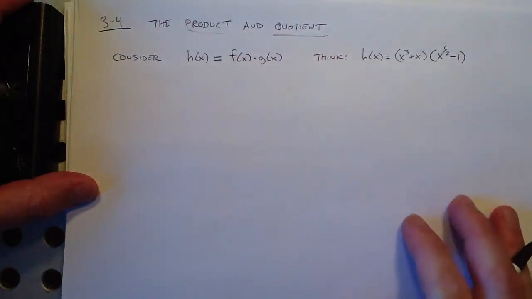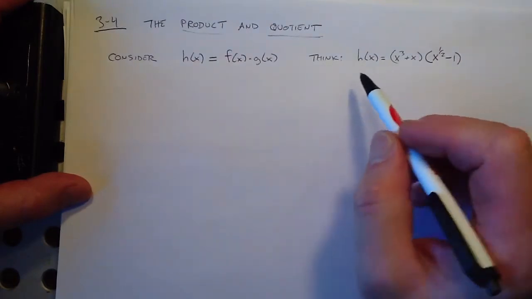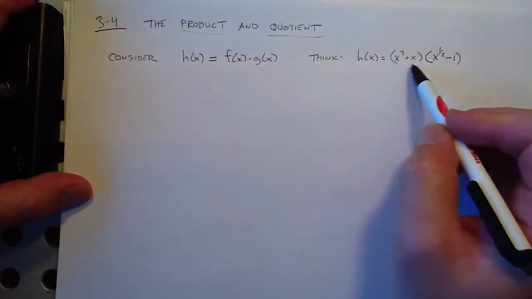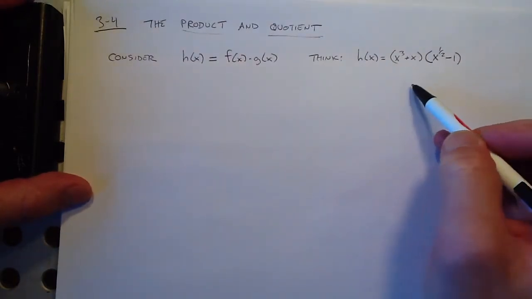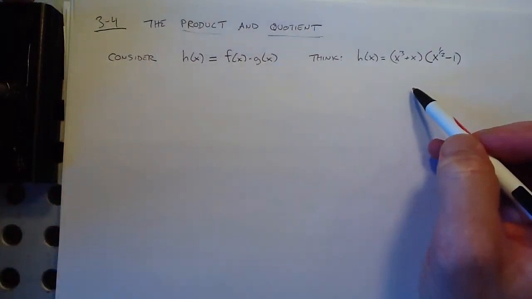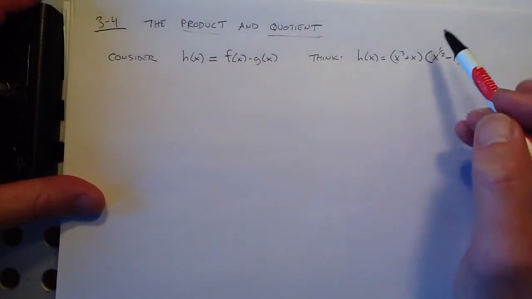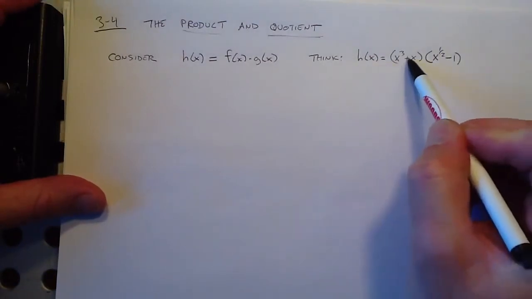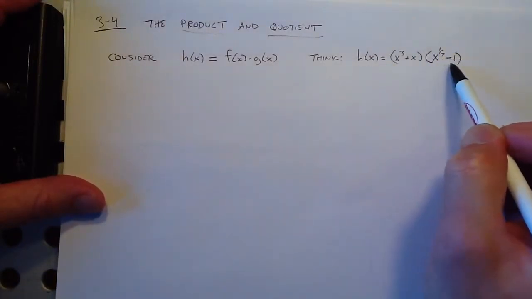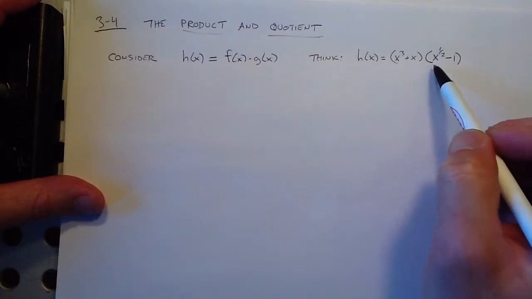Now, of course, at this stage of the game, we're not really dealing with anything more than polynomials and relatively simple functions. Like, we haven't dealt with trig functions or logarithmic functions or exponential functions or any of that crazy stuff. So you could, of course, just FOIL this out, right, and then use rules from section 3.3 to find the derivative.